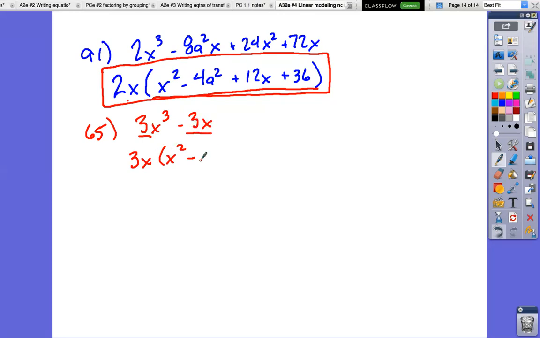So 3x divided by 3x is 1. But then look at your quadratic quantity. Is that a difference of squares? And it is. Perfect square minus a perfect square. Questions?